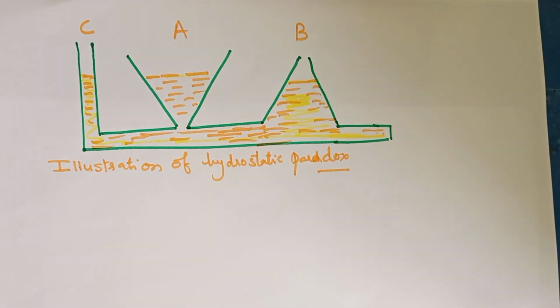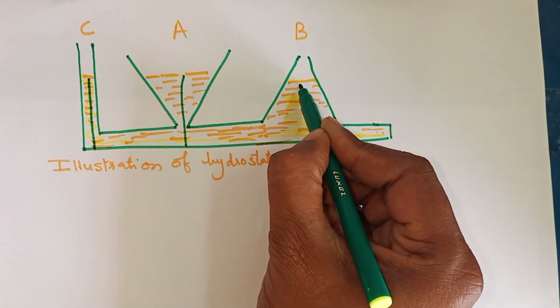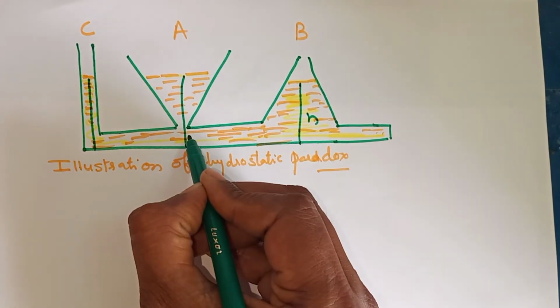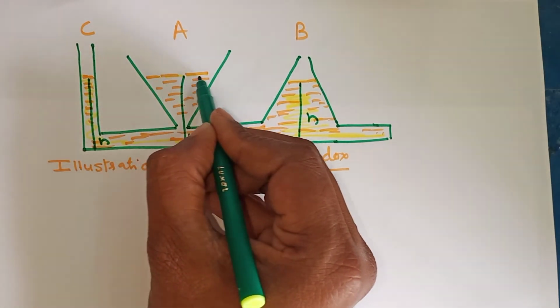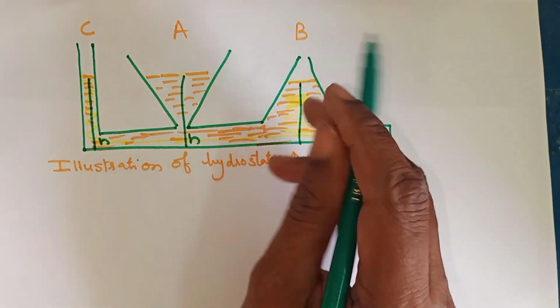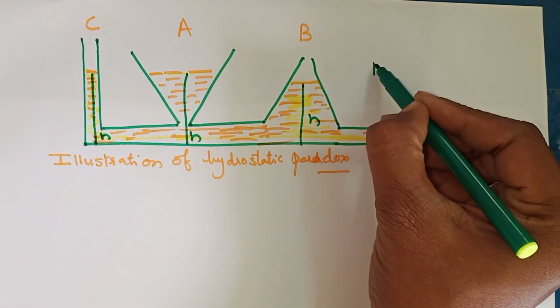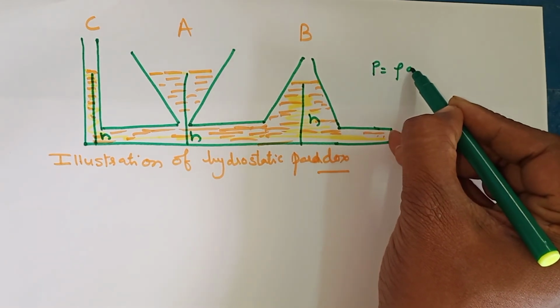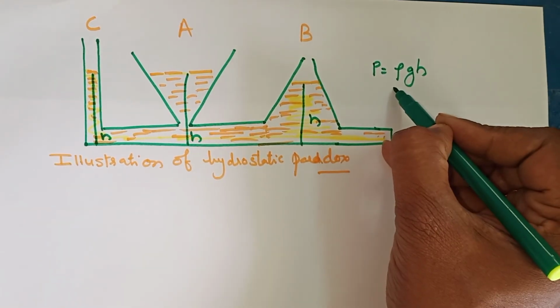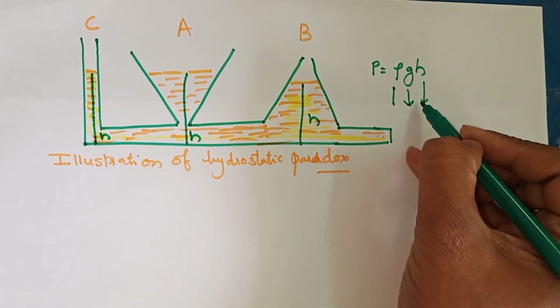So what you can conclude is that the base area or shape is irrelevant, the heights are the same, and the pressure remains the same. This is a simple illustration. The general definition of pressure is rho g h, where rho is density, g is acceleration due to gravity, and h is height.